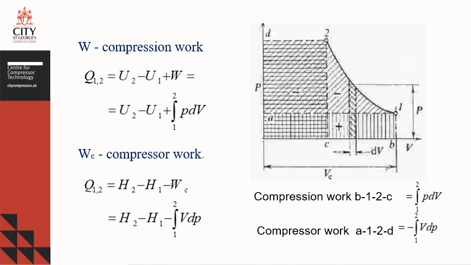It shows compression work as area surface B12C and compressor work A12D, which consists of the admission work 0A1B, compression work B12C, and discharge work C2D0. A clockwise direction process is positive, while a counterclockwise is negative.